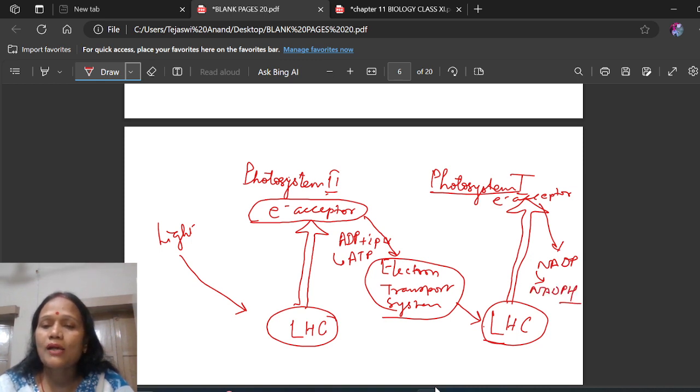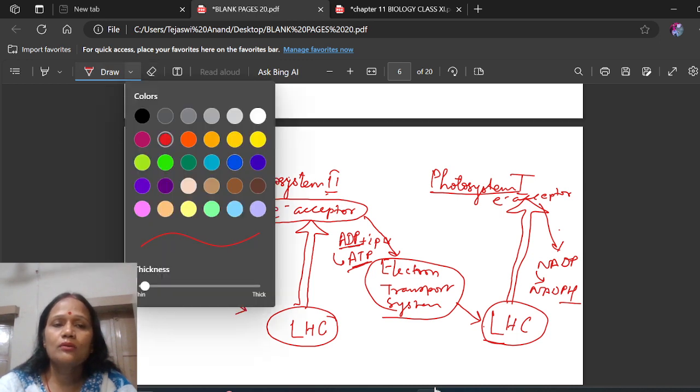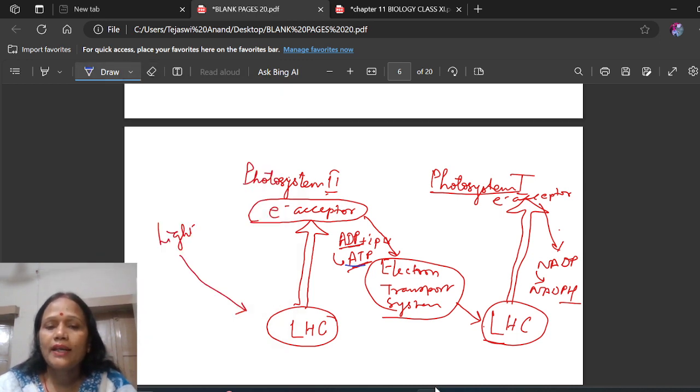So during passing of electrons, one ADP is converted to ATP and one NADP is converted to NADPH. These are the final products of the light reaction.